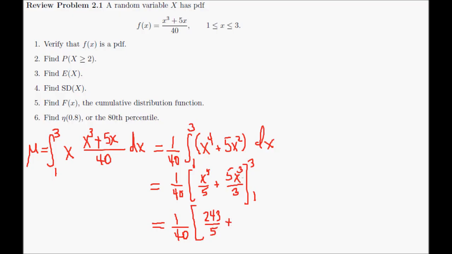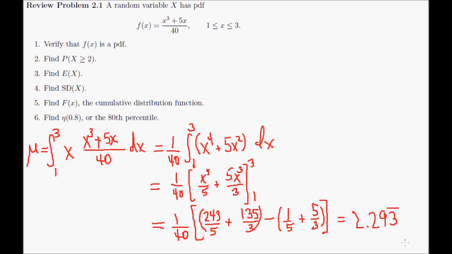Then plugging in 3 for this one, we get 27 times 5, and 27 times 5 is 135, divided by 3. So that's the right endpoint. The left endpoint, we plug in 1, which is a little bit easier. We get 1 to the fifth over 5, plus 5 times 1 to the third over 3. And so we do this calculation, we plug in, and we get our answer of 2.293 repeating.